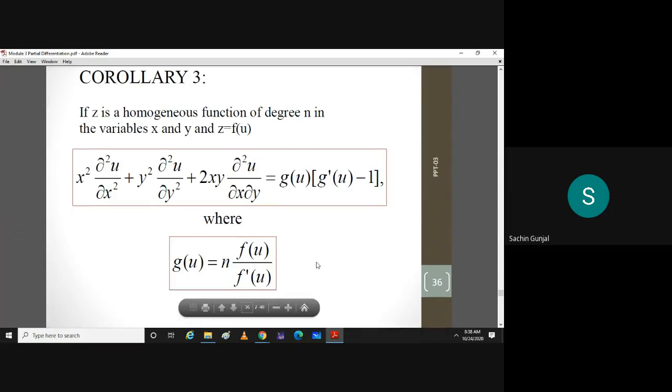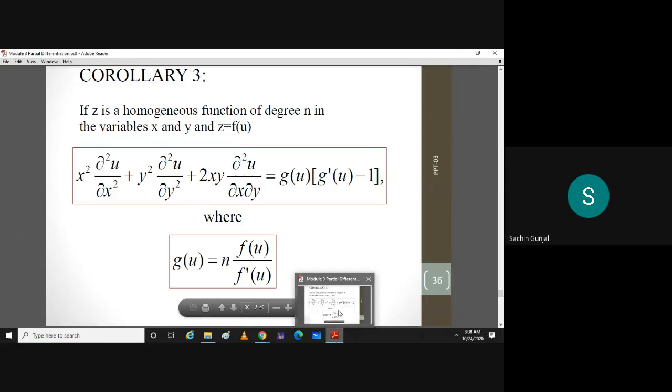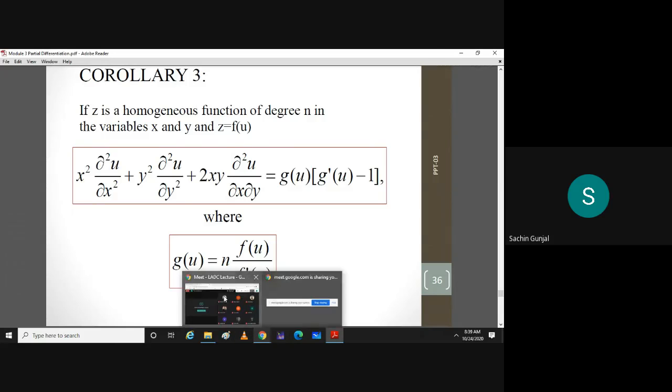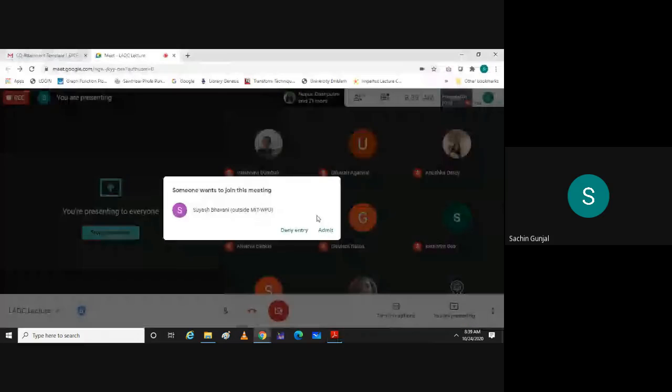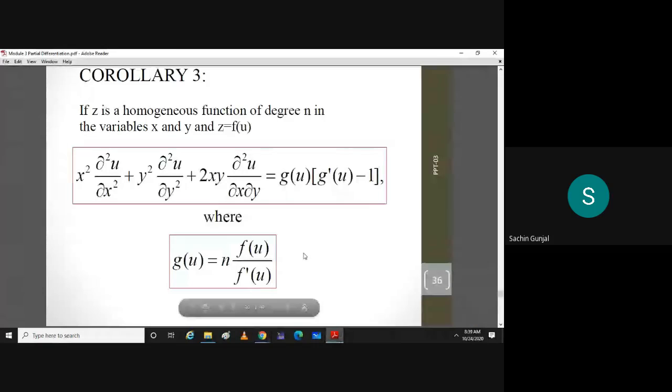We observed every theorem and corollary with one example, and I hope that is clear to you. So let us go to a different example. Any doubt so far? Any doubt in any statement?